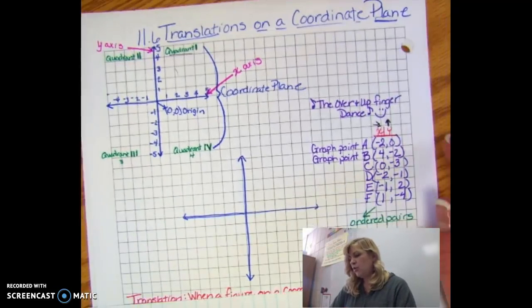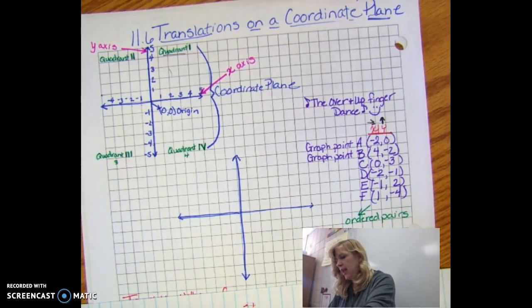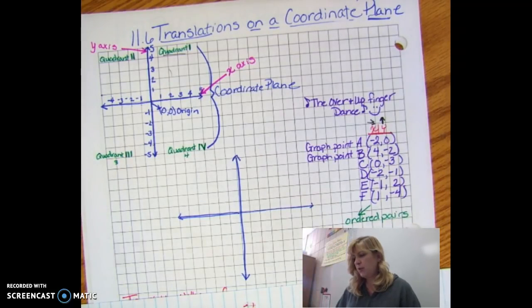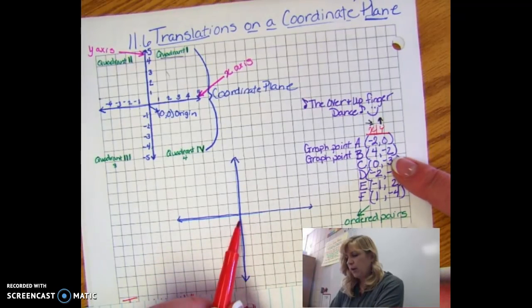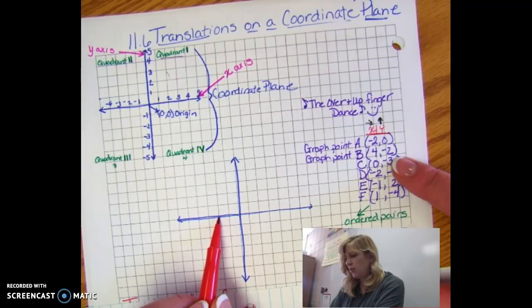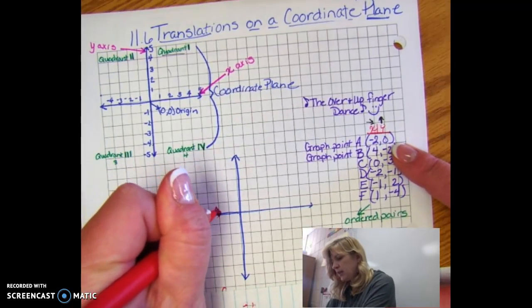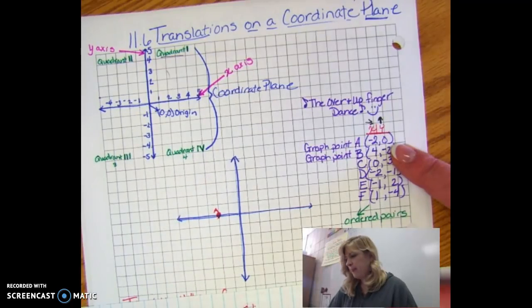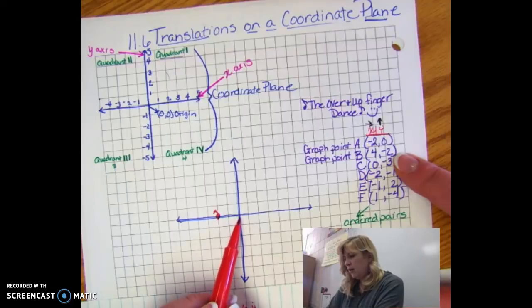So I drew a new coordinate plane right here, and we are going to graph point A at (-2, 0). So we will go -2 over, which would be 1, 2, and 0 up. So I would make this point A. For B, we go 4 over.